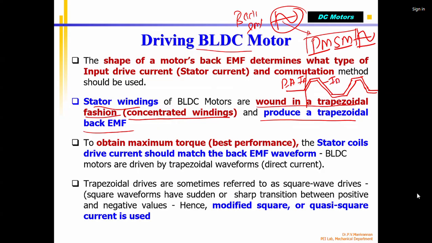This is my IA, the supplied current from the motor controller. This is the back EMF generated. Why is it generated? The back EMF is generated because the stator coil is cutting the rotating permanent magnet field of the rotor. The rotor is rotating, that magnetic field is cut by the coil, so it becomes a generator.